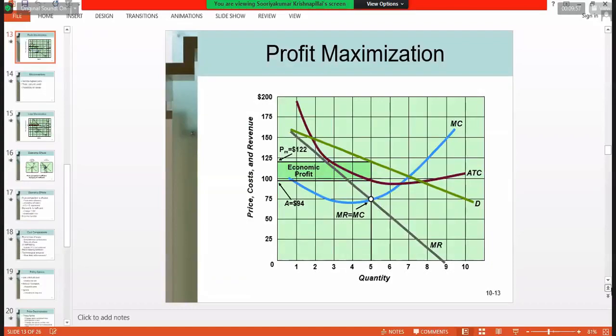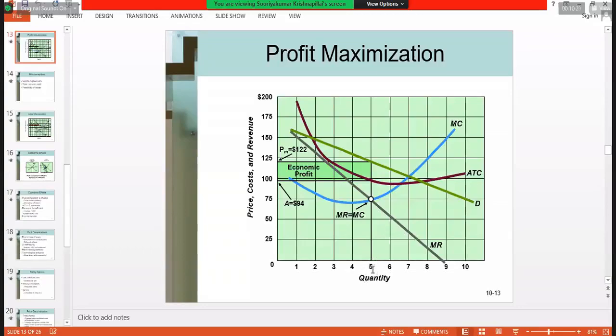So in this graph, marginal revenue and marginal cost intersect at that point, where both are equal. So the level of output is 5 units. To get maximum profit, this monopoly should produce 5 units of output.